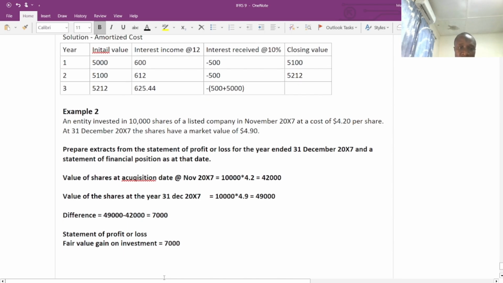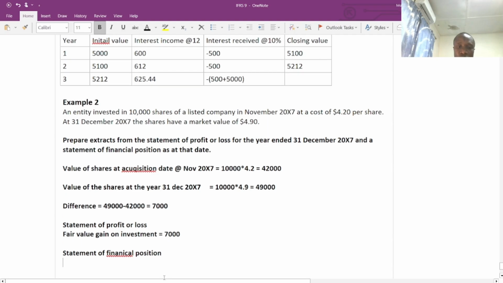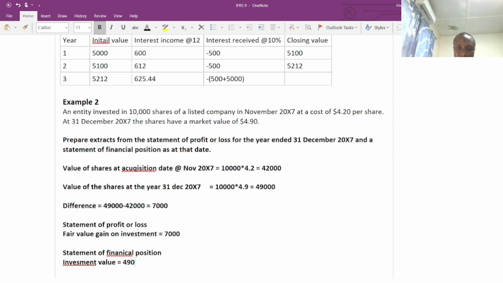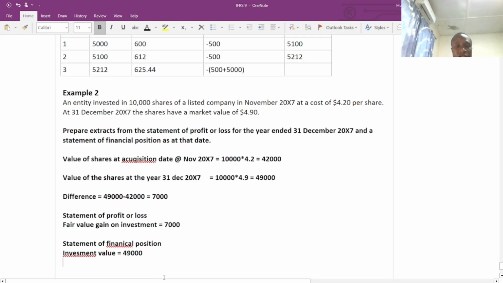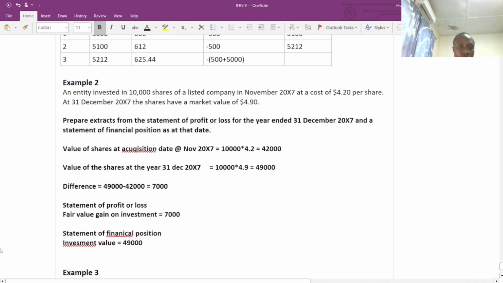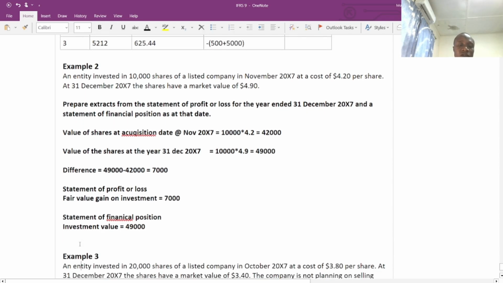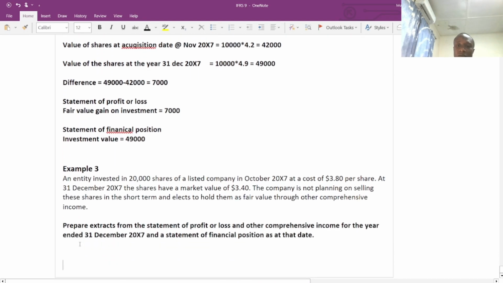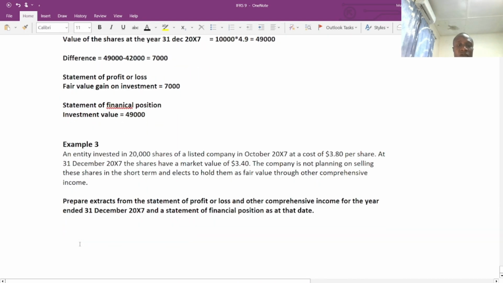Then in the statement of financial position, we are going to show the investment value as 49,000. Very simple. So nothing to worry about, and this is how we are going to account for it.